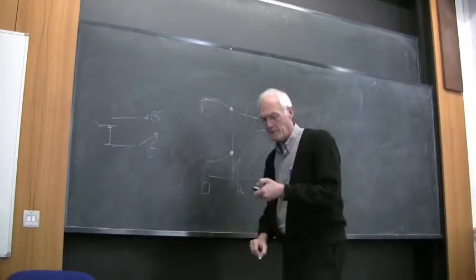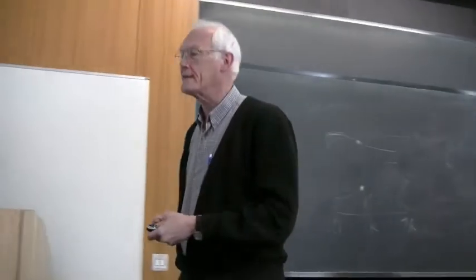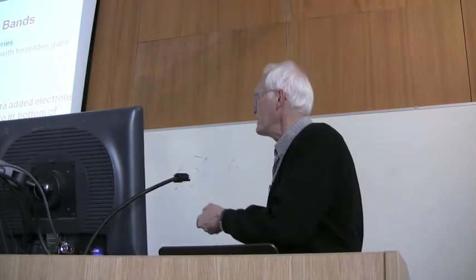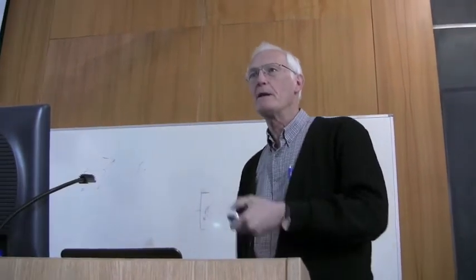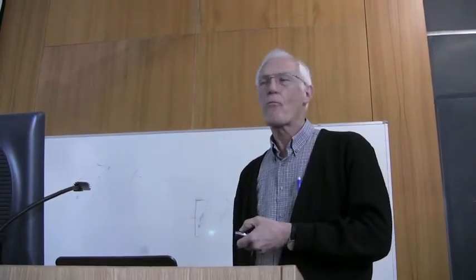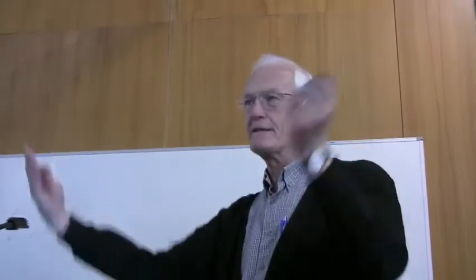And this is exactly what you get out of some calculation like density functional. You get exact energies. And it's tempting to say that everything that looks like that is independent particle. It's just approximate.